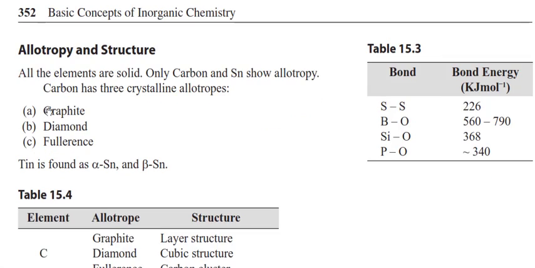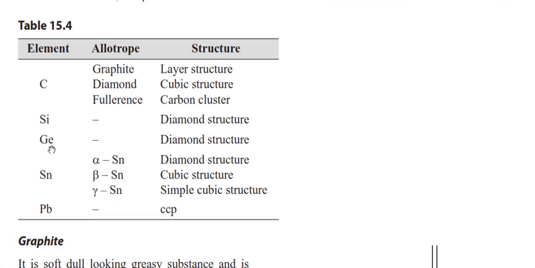So these things we already know well. Graphite is a 3-dimensional layered structure, diamond is a tetrahedral structure, and fullerene is also known as a buckyball. So these are the 3 allotropes of carbon: graphite is a layered structure, diamond a cubic structure, and fullerene a carbon cluster.